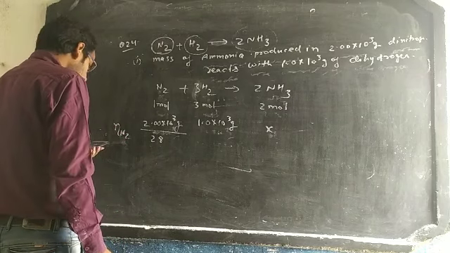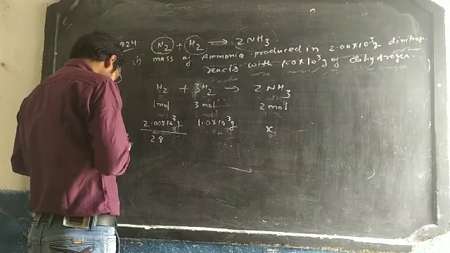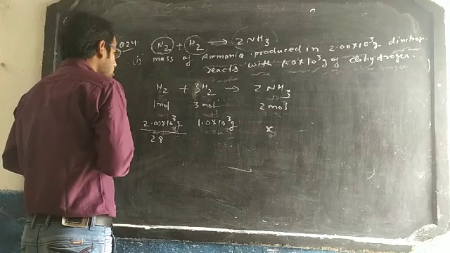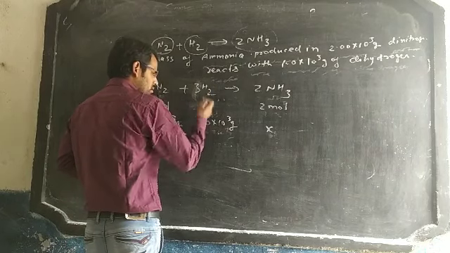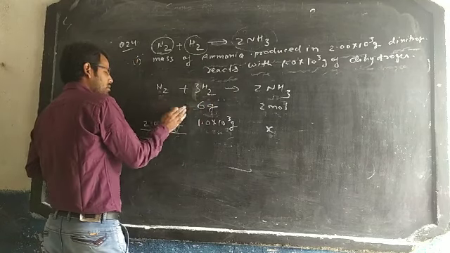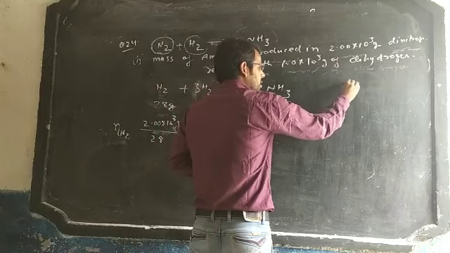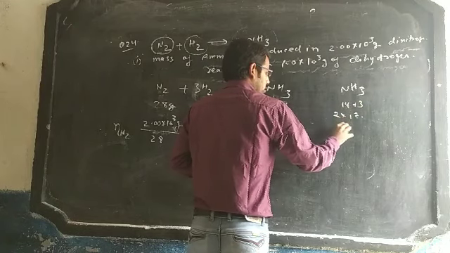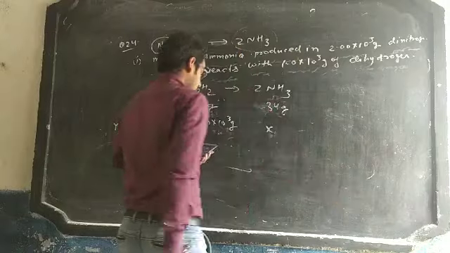Now 3 mole of hydrogen means 6 gram. 1 mole of nitrogen means 28 gram, and 2 mole of ammonia means 2 times 17, that is 14 plus 3 is 17, so 34 gram of ammonia.